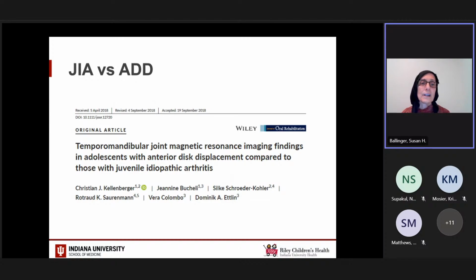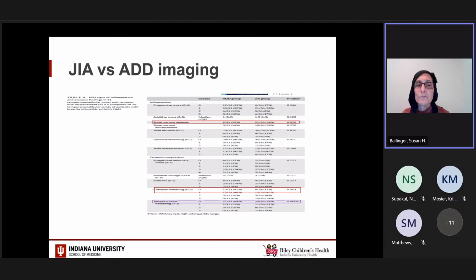This was an article looking at TMJ changes, and there really were only 3 statistically significant differences in these kids. Again, the red ones are highlighted with kids with JIA, the purple one with temporal bone changes. And these were hard because they looked at different staging in the findings, and some were more prevalent in kids with ADD and some more in kids with JIA.